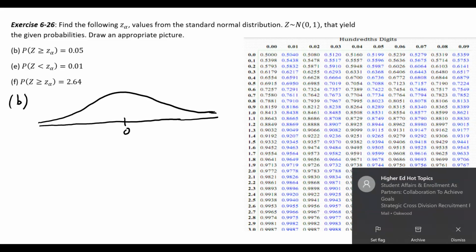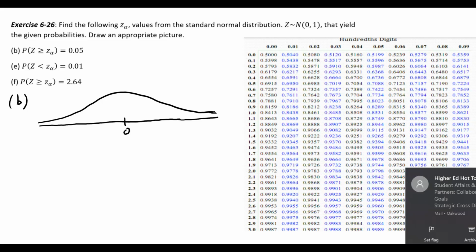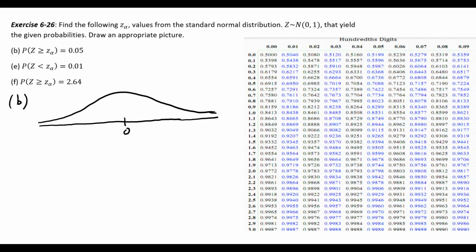So let's look at B. They're asking us to find the probability that z is greater than or equal to z sub alpha, but the probability under the curve for this area has to be 0.05.